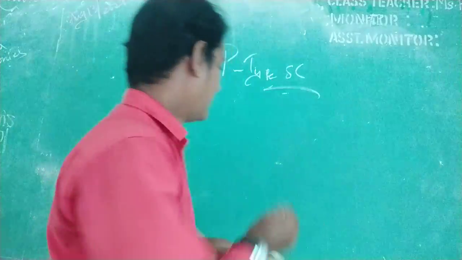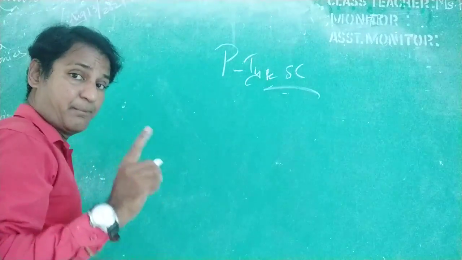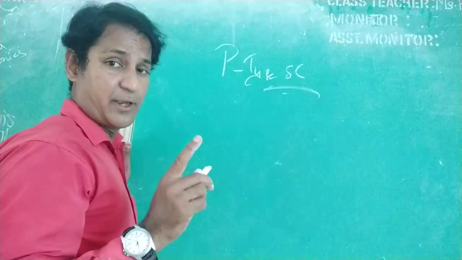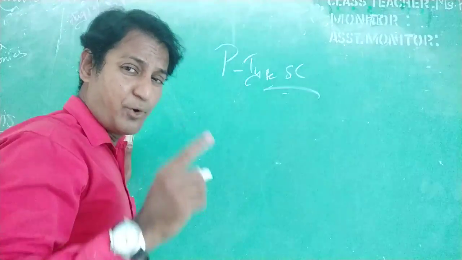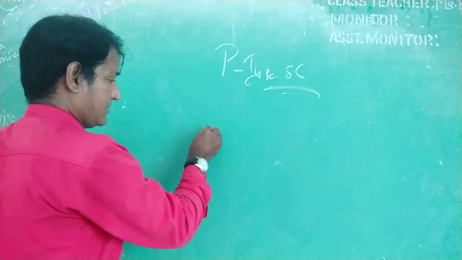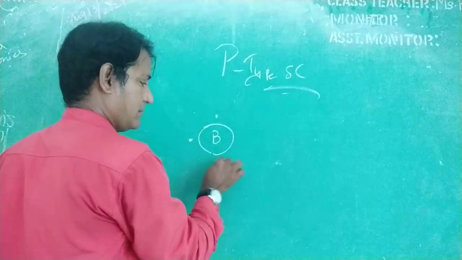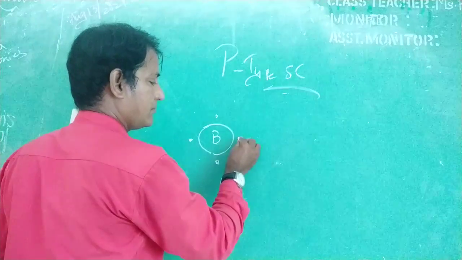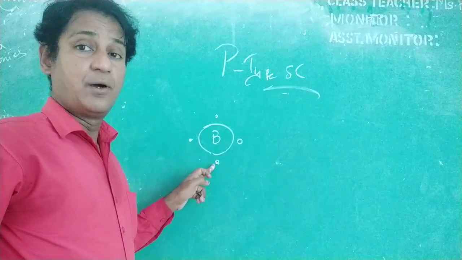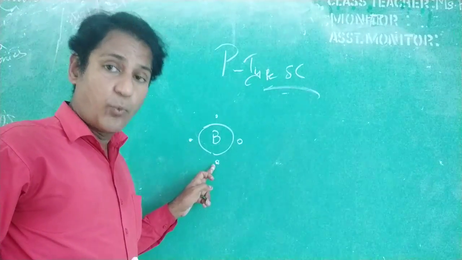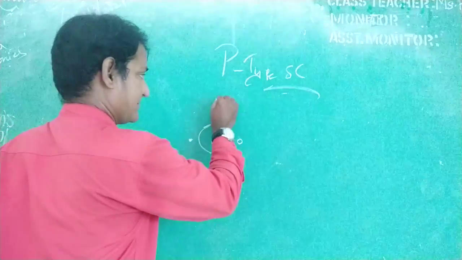Now we know that germanium has 4 valence electrons, but if I add a boron impurity atom to this semiconductor, then boron has 3 valence electrons. So the 3 valence electrons will be bonding with the valence electrons of the germanium crystal.